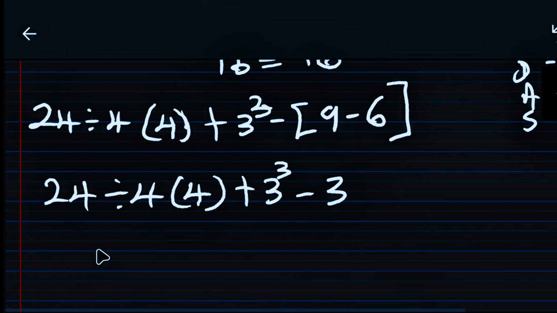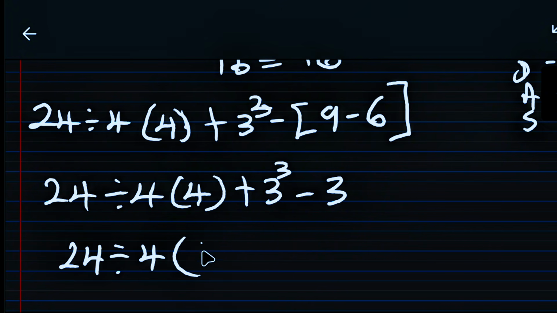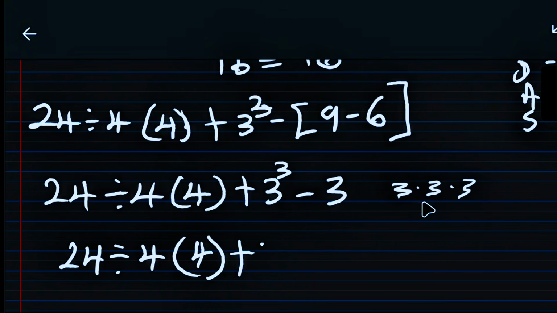So we are going to have 24 divided by 4, then multiplied by 4, plus 3 cubed, that is 27, that is 3 multiplied by 3 multiplied by 3. 3 multiplied by 3 equals 9. 9 multiplied by 3 equals 27, minus 3.